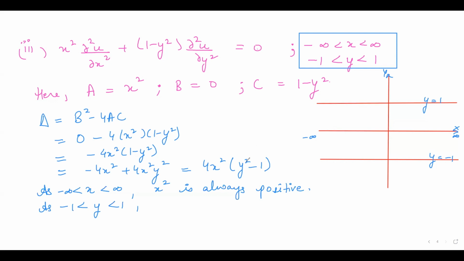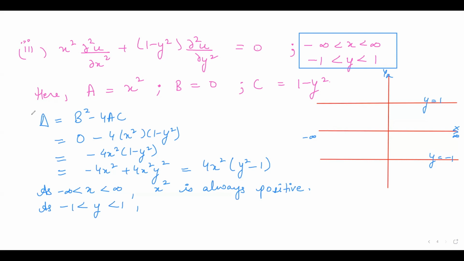Now, what do we need? y square minus 1 would be greater than 0 or less than 0. Because this term only will depict whether this equation is elliptic or hyperbolic. The discriminant cannot be equal to 0 in this case. It can either be hyperbolic or it can be elliptic. So what would be the conditions?